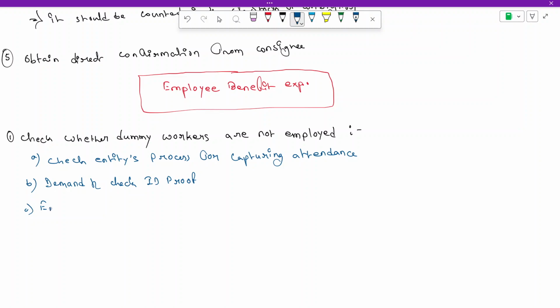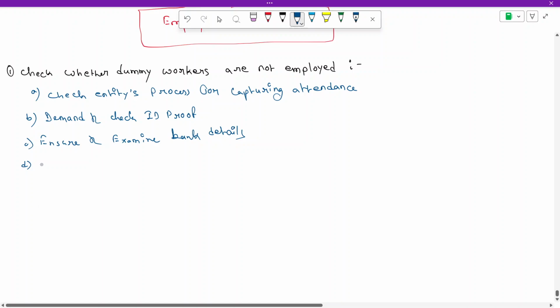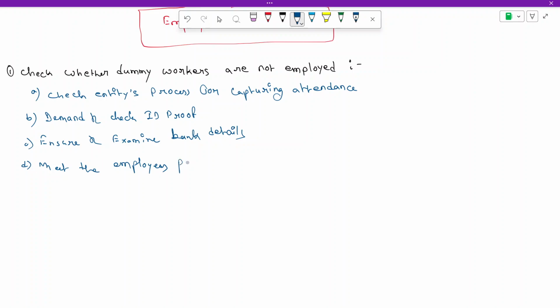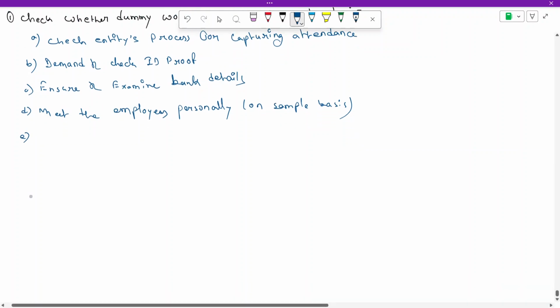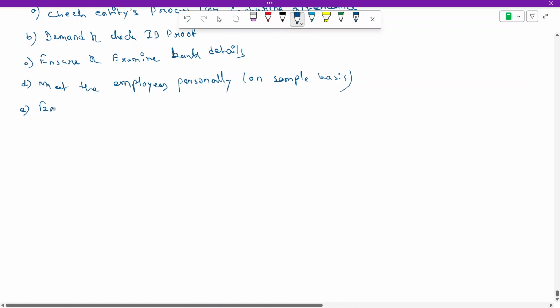Ensure and examine bank details. Meet the employees personally, obviously on a sample basis. Examine salary register.